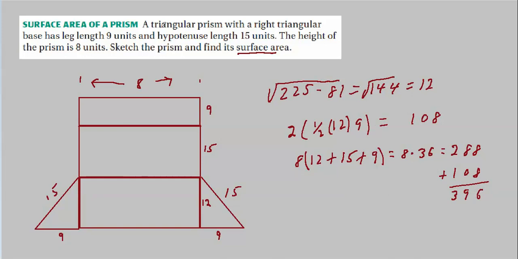I don't see the point of sketching the three-dimensional prism. If you want the surface area, sketch the net. Gain a proficiency with recognizing what the net would look like, and when you lay it out this way, I think it's super easy to see what the surface area would be.